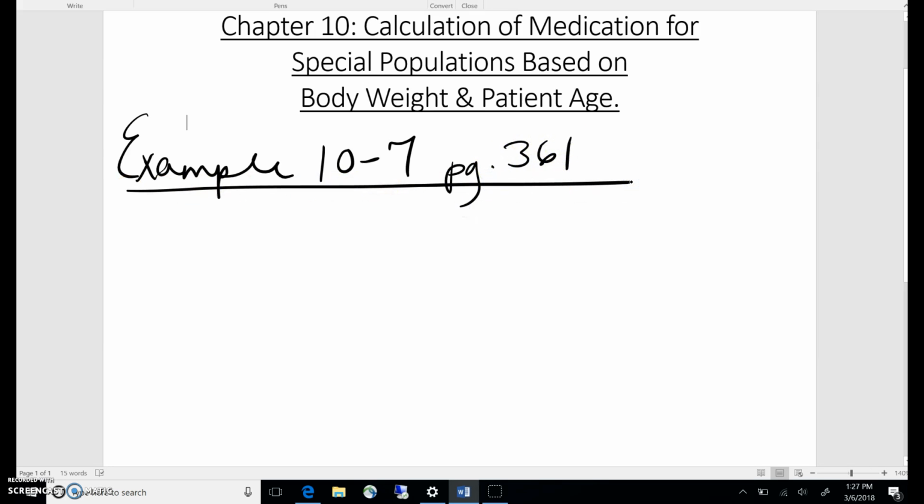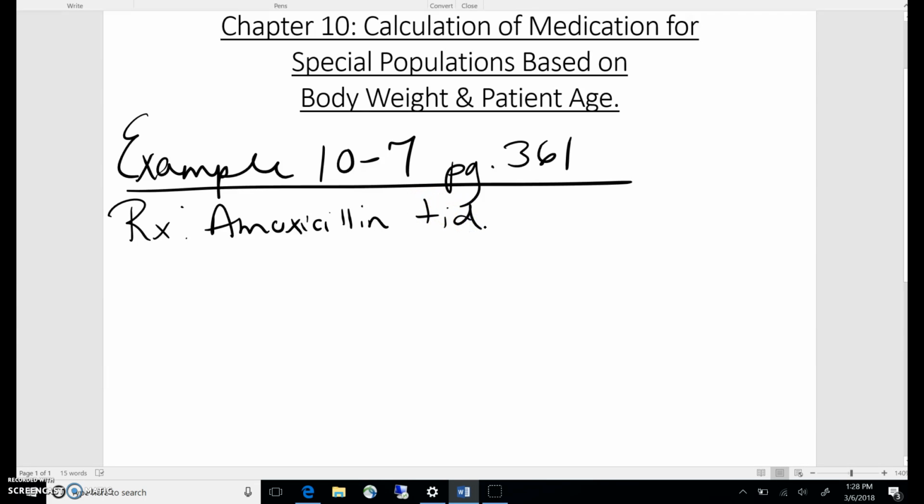All right, and let's just go ahead and read the information. It first says a physician orders amoxicillin 3 times a day for a child who weighs 50 pounds and is 45 inches tall. The normal adult dose is amoxicillin 500 milligrams 3 times a day. So I'm going to pull out the information. Well, first off, I know that the doctor has ordered amoxicillin TID.